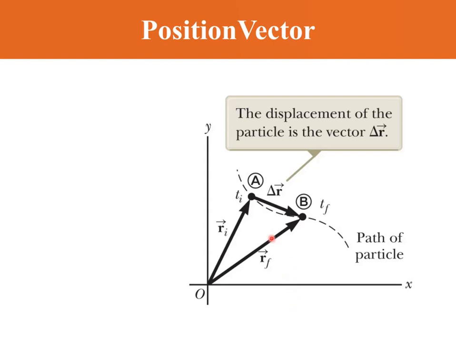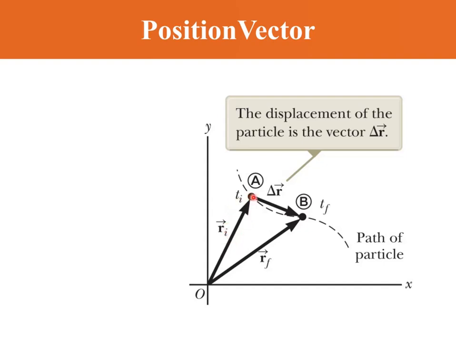Okay. So let's say we have an object moving from A to B. The displacement of the object is given by the vector R. When the object is at A, it will have a displacement vector of Ri.